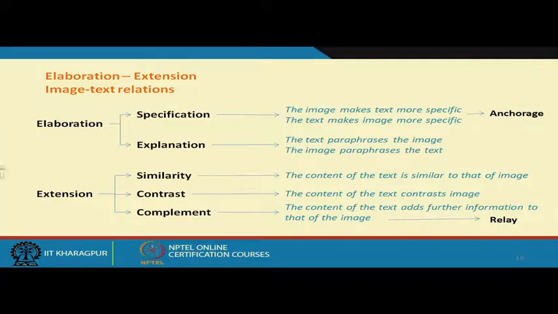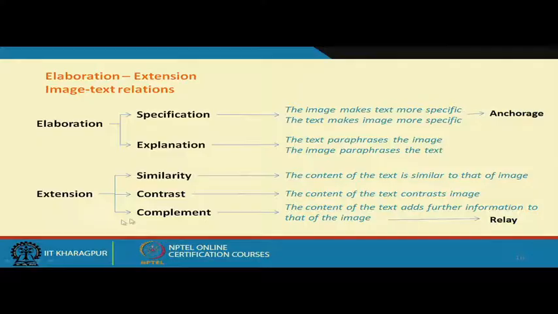So, you can have a look at the reading material later, as you can see over here. This is what is happening: elaboration, specification and explanation. What is interesting to have a look at here is specification, where the image makes text more specific or vice versa, which leads to anchorage.